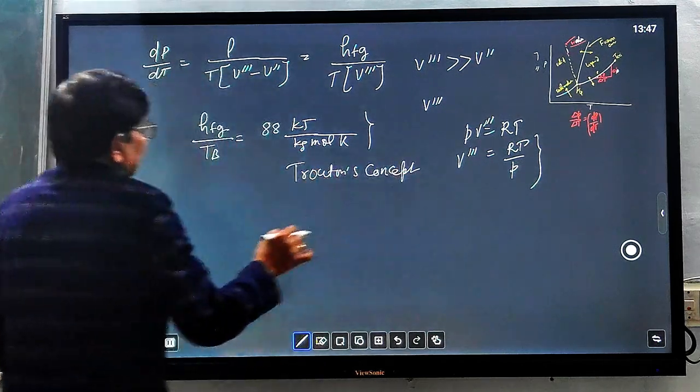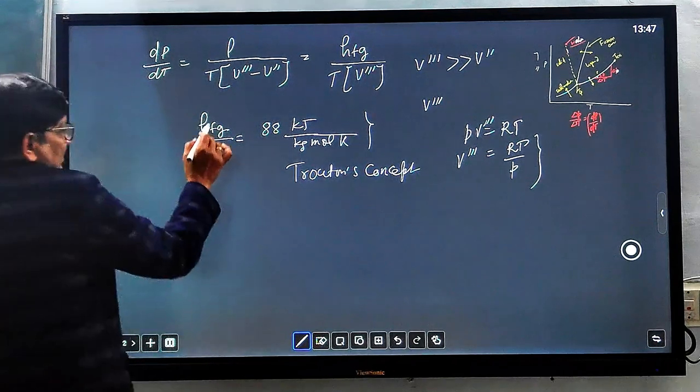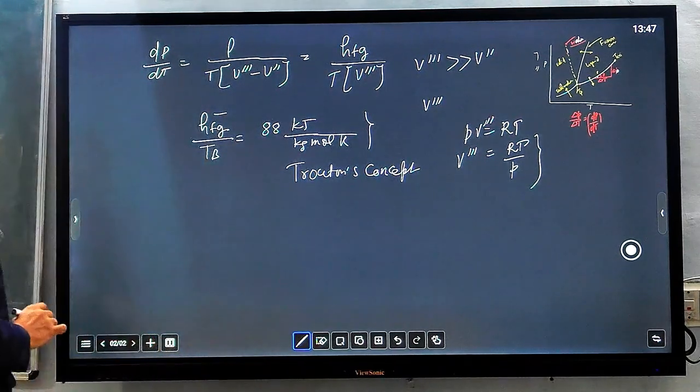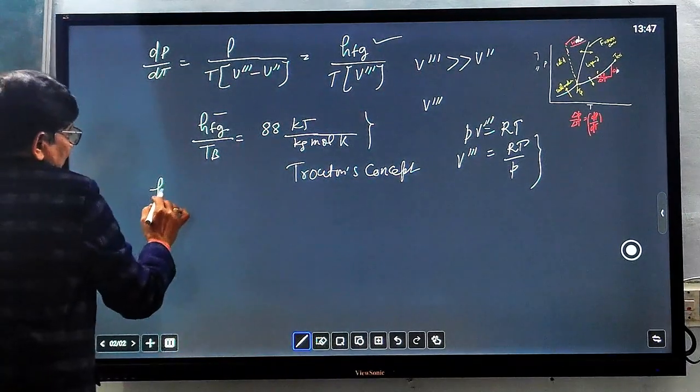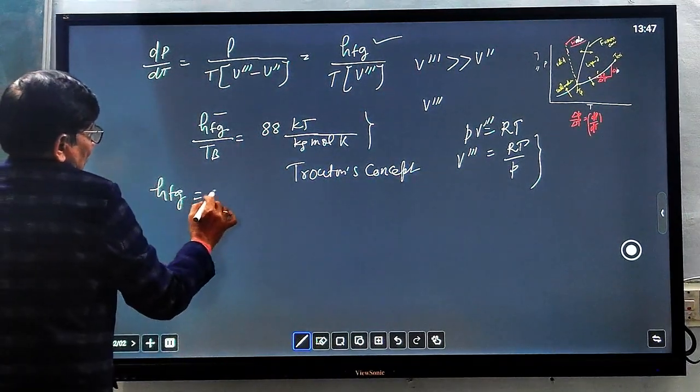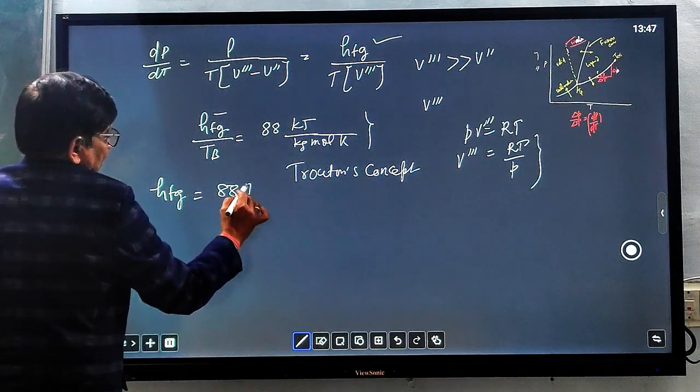He defined that for gas, approximately HFG upon TB equal to 88. So here we can define HFG equal to 88 TB. What is TB?